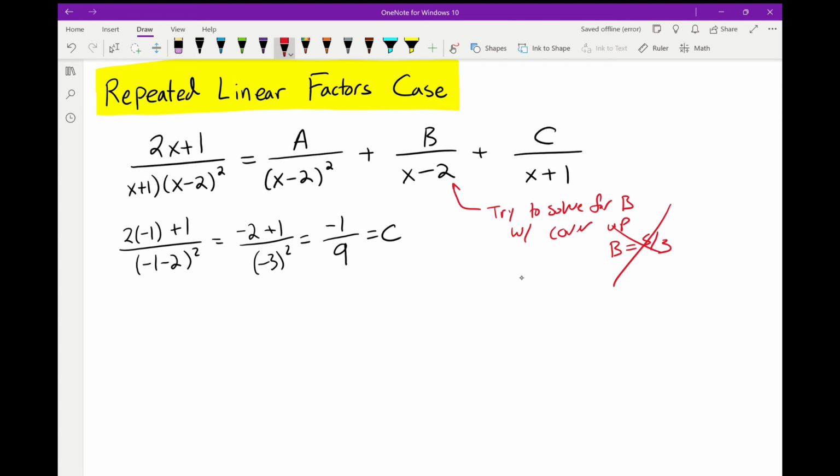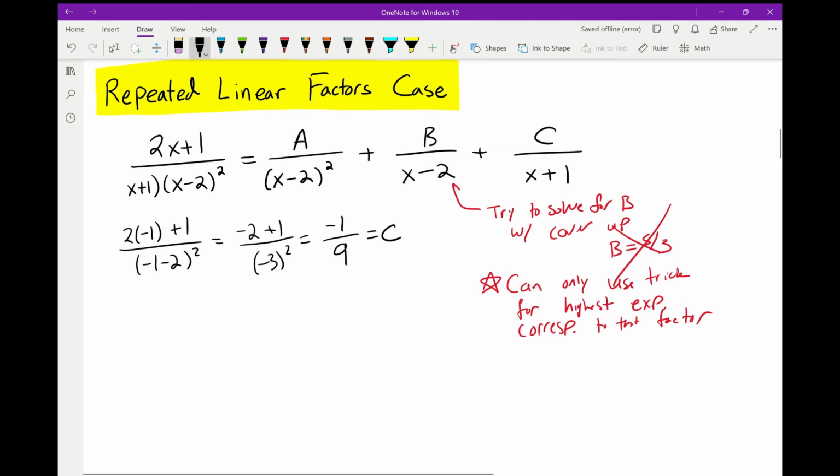So the thing to remember here is that you can only use the trick for the highest exponent corresponding to that factor. So everything's fine for C because that's already to the first power, and there's no other higher powers. For A, the highest one's 2, so we only figure out what A is.